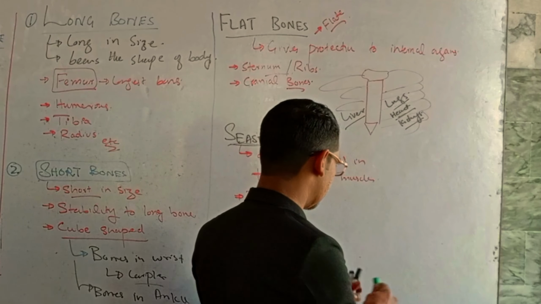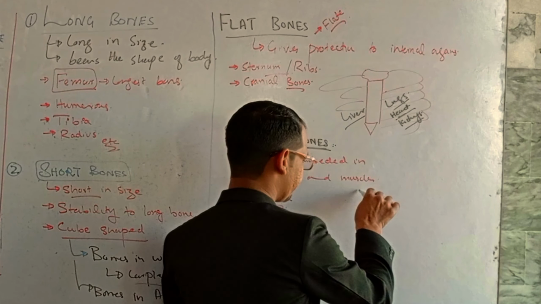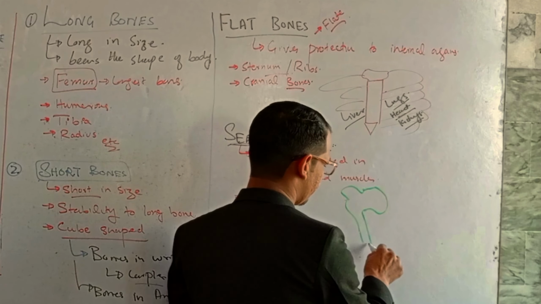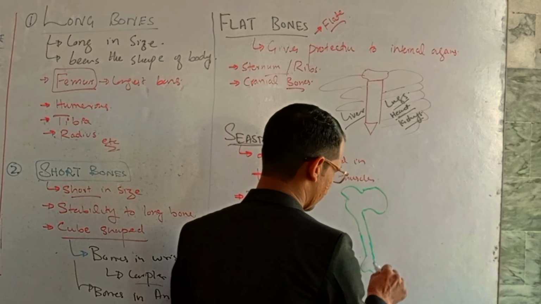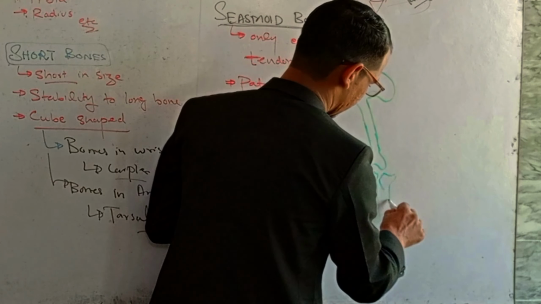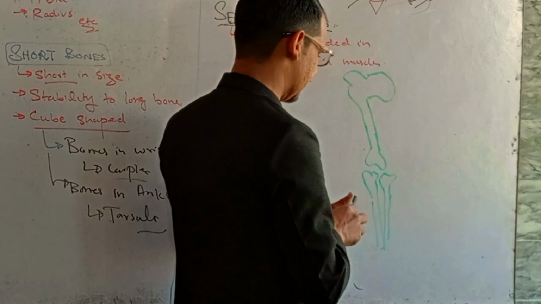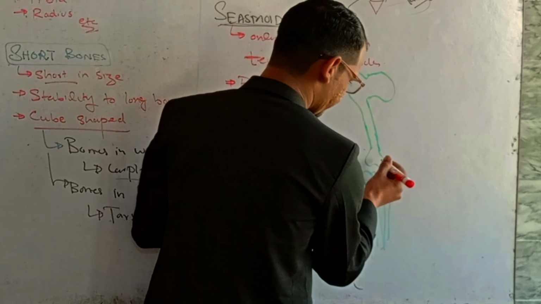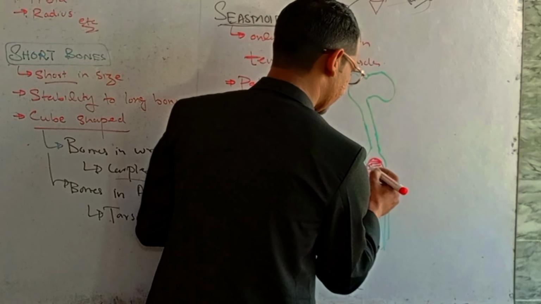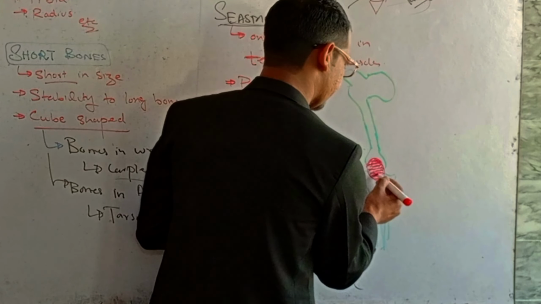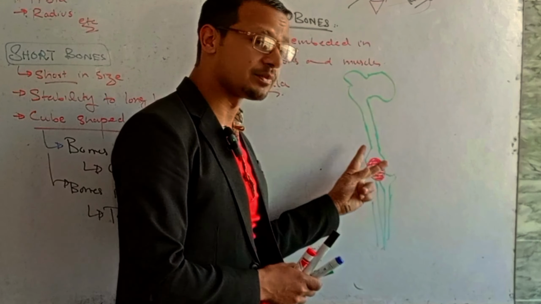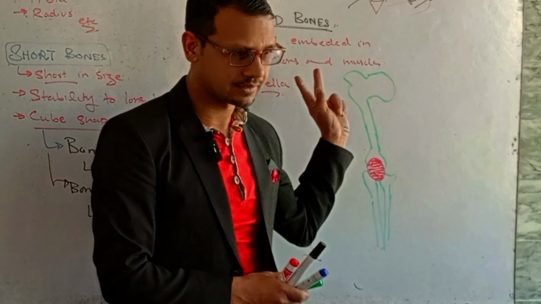For example, this is the femur, this is the tibia, and this is the knee joint. Here we have the patella, and this patella is only embedded in tendons. It is not part of this joint or the adjacent bones, so it is called a sesamoid bone.